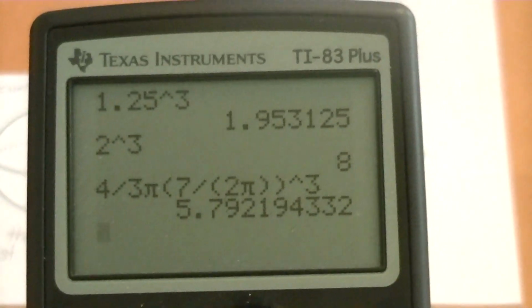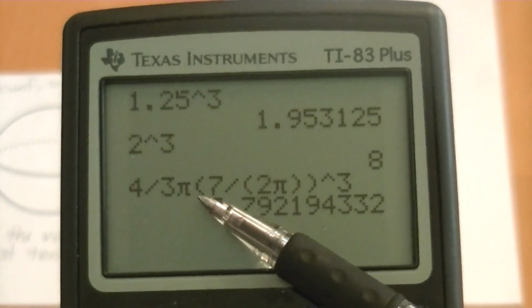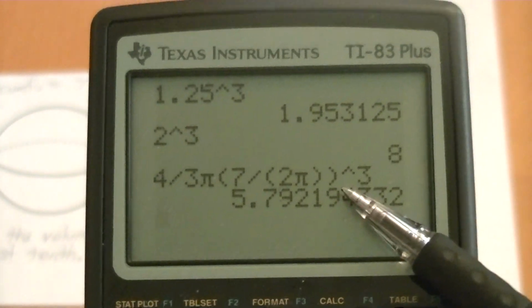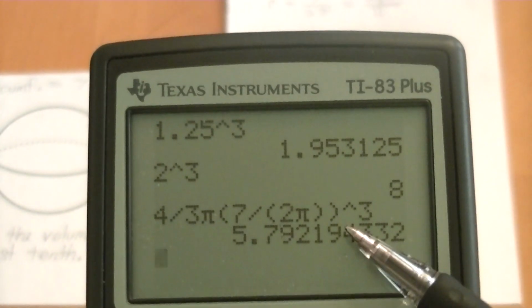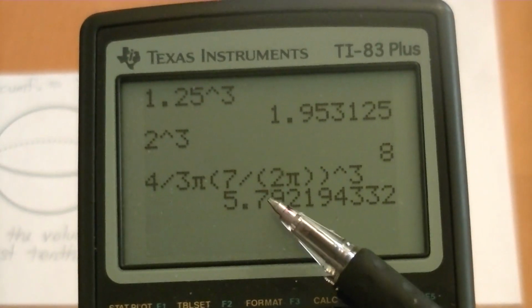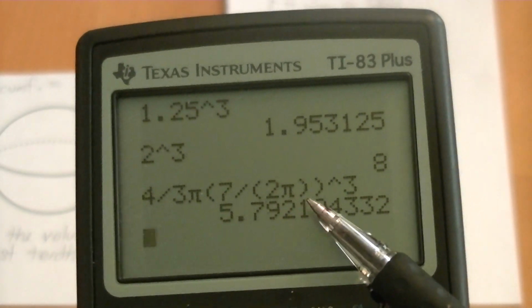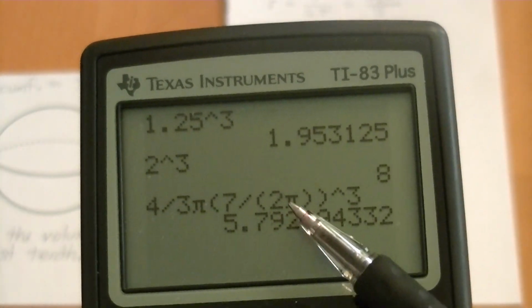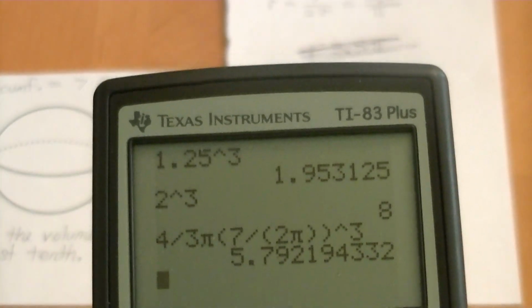So look at all those parentheses. I need one set of parentheses here and here around my fraction, 7/2 pi, the number that I want to be cubed. But notice I also have parentheses here and here to tell the calculator that the 2 and the pi are both as a group in the denominator.